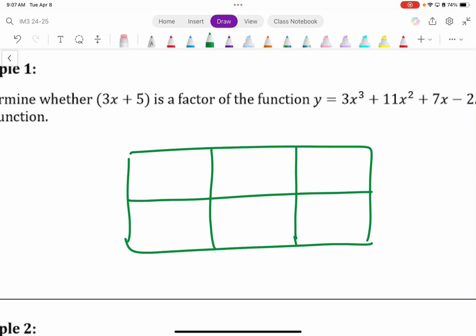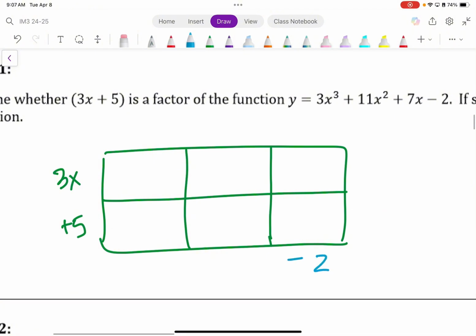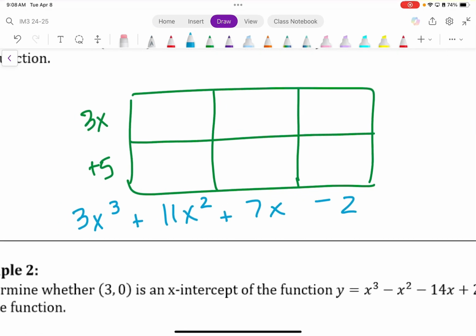All right. What am I going to write on the side? 3x plus 5. And then the equation will be written down here. So negative 2, 7x, 11x squared, 3x to the third. All right.